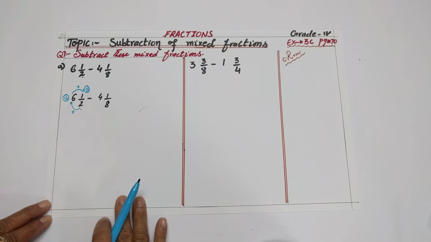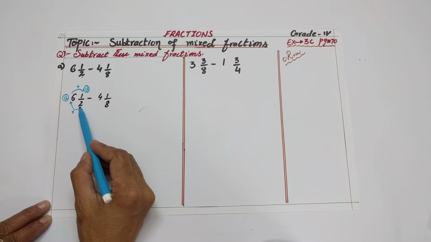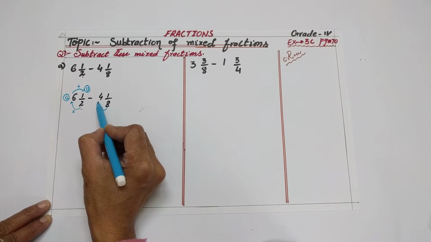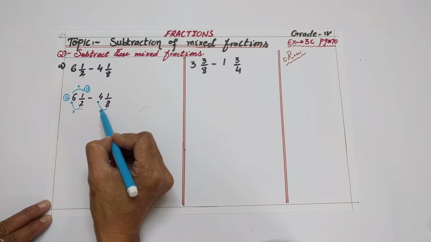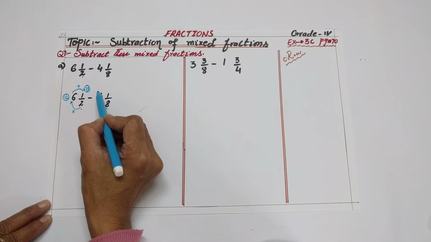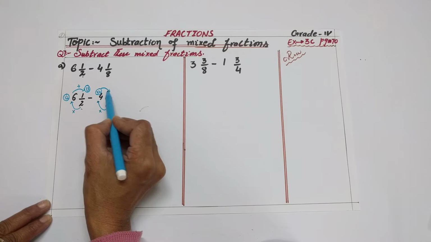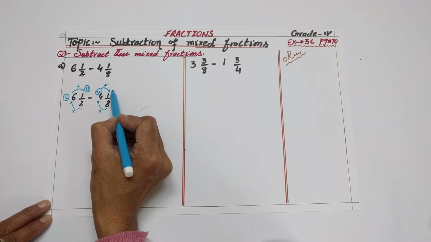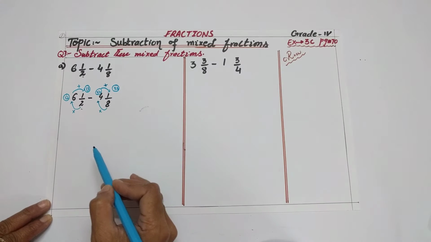Clear? The same will be done here: 8 4s are 32, and 32 plus 1 is equal to 33.